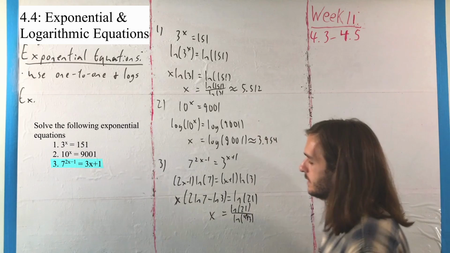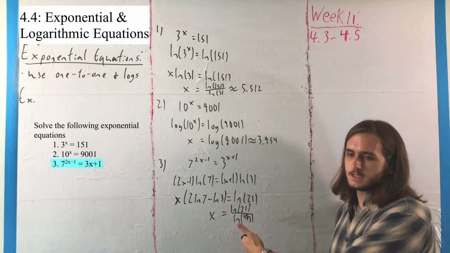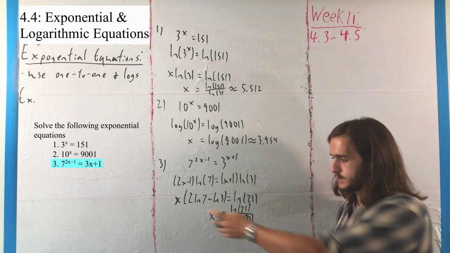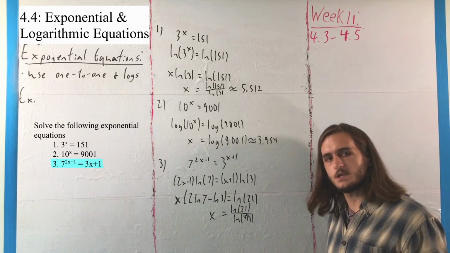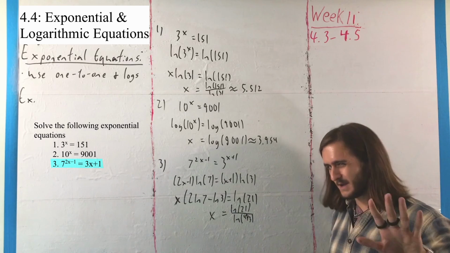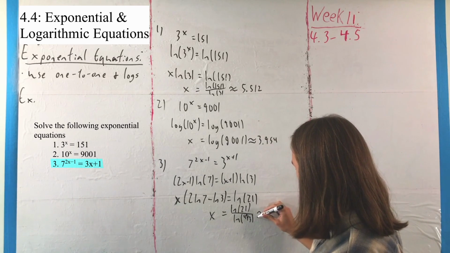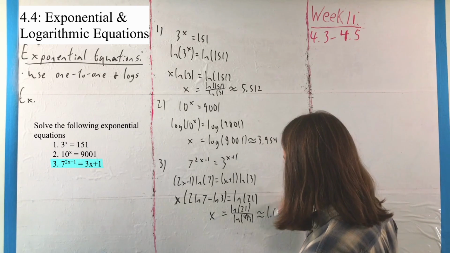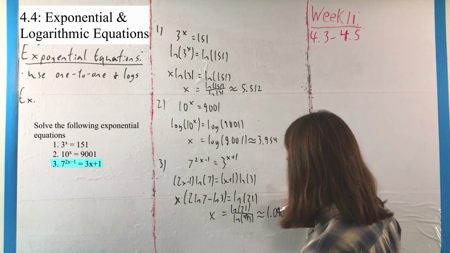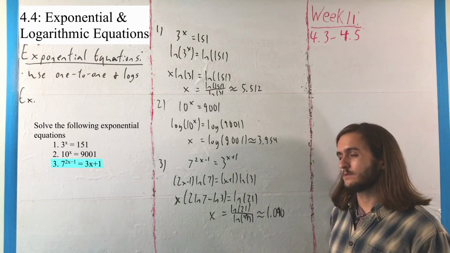Where if you want to write it otherwise, you could say that this is, for the same reason, the natural log of 7 plus the natural log of 3 over 2 times the natural log of 7 minus the natural log of 3. If that's more logical to you, by all means, I'm not picky about it. Either way, you should end up with a final answer that is about equal to 1.090. That's about 1.